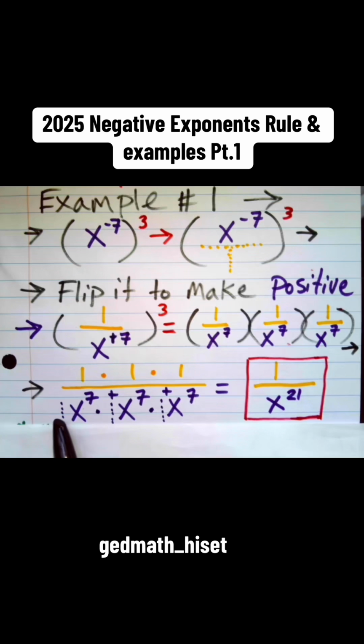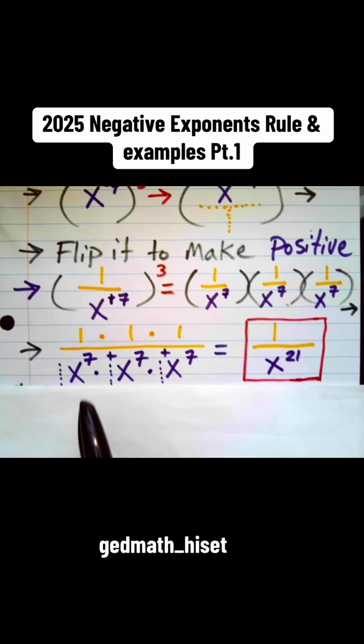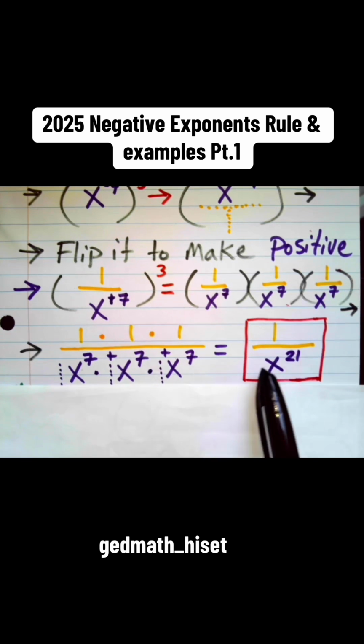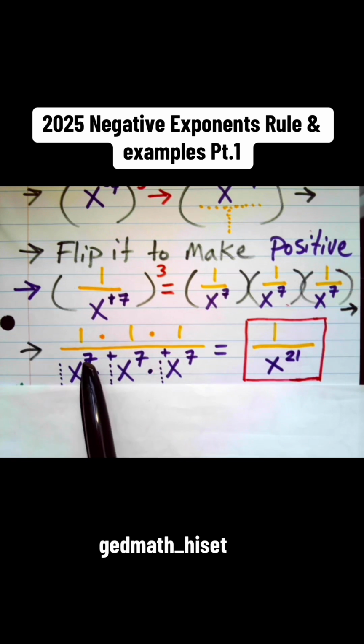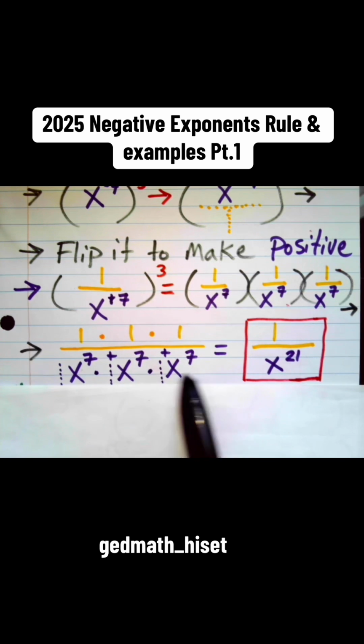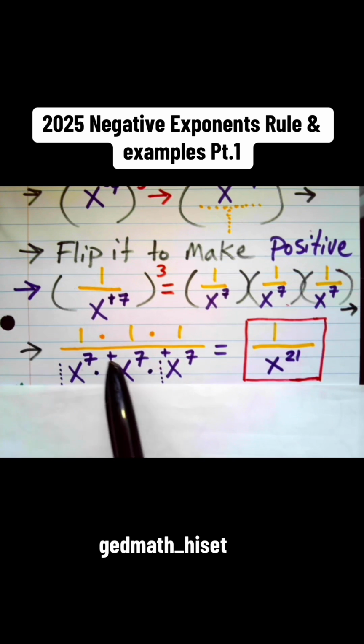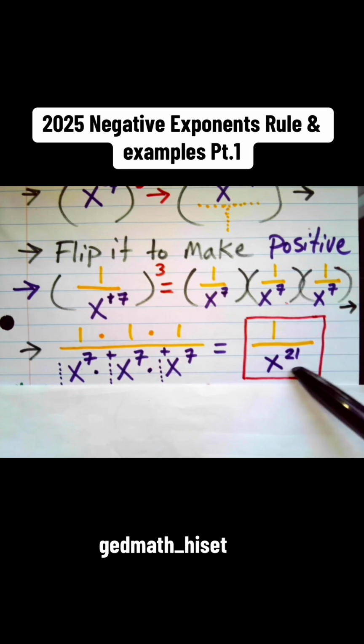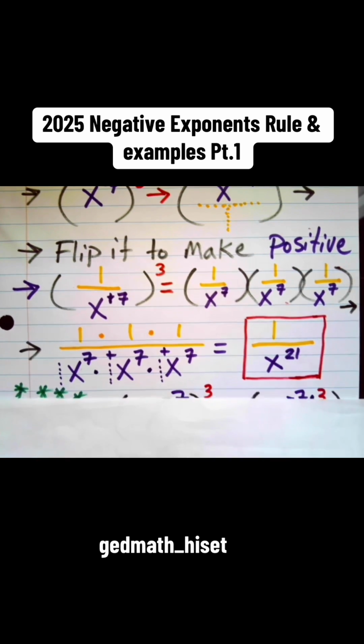And then remember, you can show those invisible ones here. You have 1 times 1 times 1 is 1x. And the rule is when you multiply, the base is the same. Keep it the same and add these exponents. 7 plus 7 plus 7 is x to the 21st power. So you have 1 over x to the 21st power is your simplified answer.